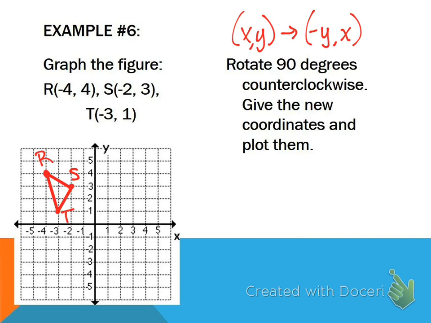So I'll switch colors. So where is my R prime point going to be? Well, wait, are you asking me what the number is? Yes. Negative 4, negative 4. Good. Negative 4, negative 4. Yes.